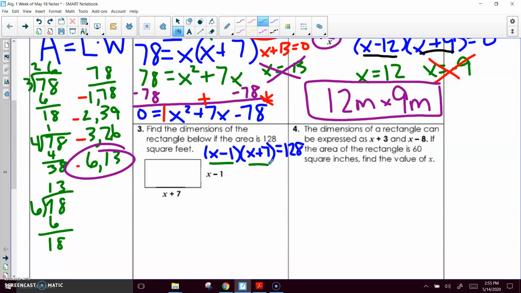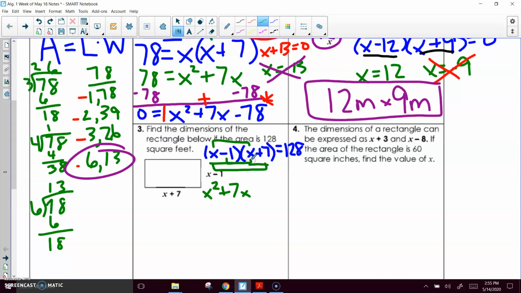Earlier this year, we learned to multiply binomials. We use the FOIL method or the box method, whichever one is fine with me. So if I think FOIL method, firsts, x times x is x squared. Outers, x times 7 is 7x.